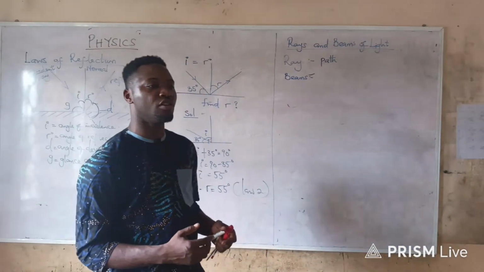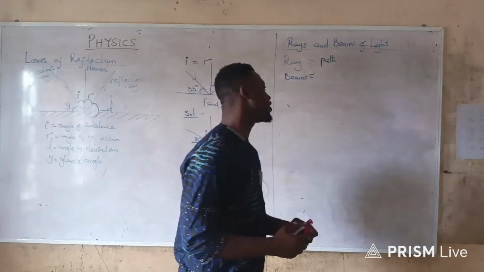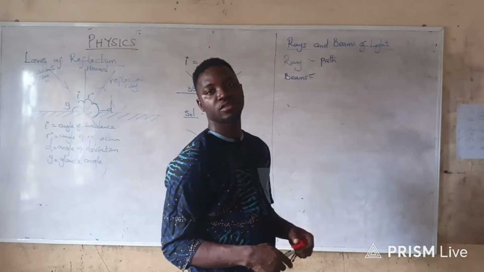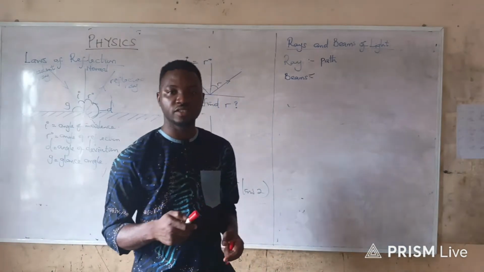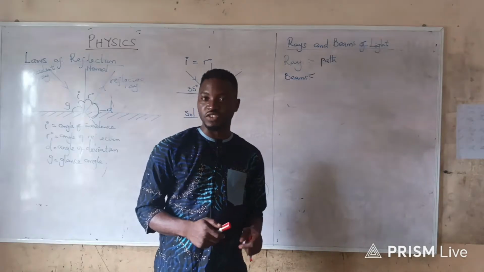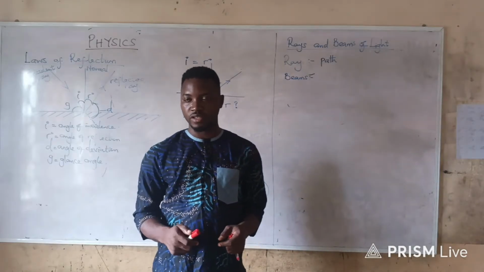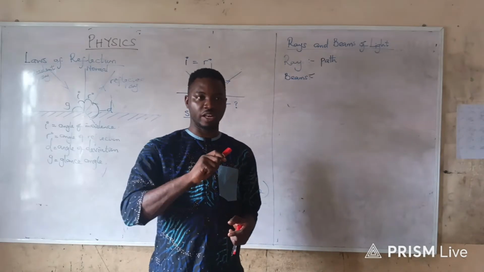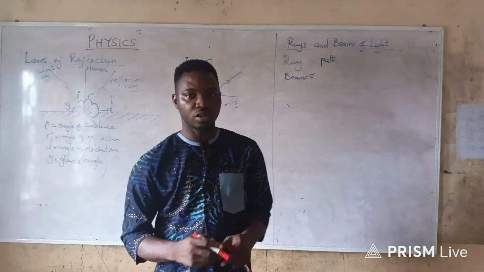The combination of two or more rays of light. So when you see a torchlight, you do not see ray of light. You see beam of light, because each of the light is called ray of light.